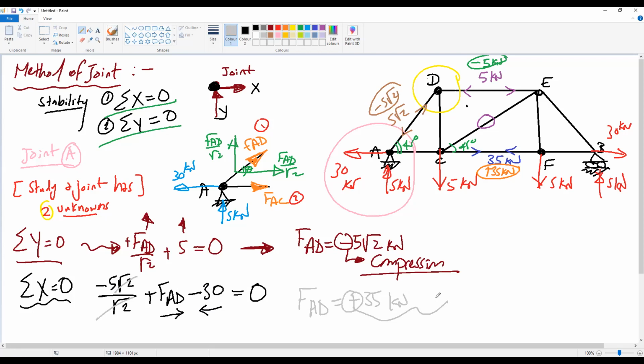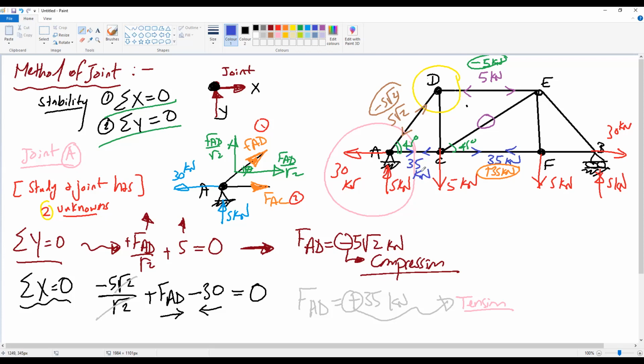What does this positive sign mean? Tension or compression? Tension. So FAC will be a tension force. Okay. If we want to add this to our truss, we will put the arrows going out of the joint, so 35 kilonewton. Okay.